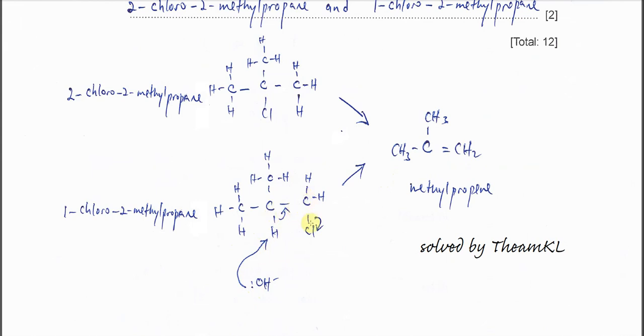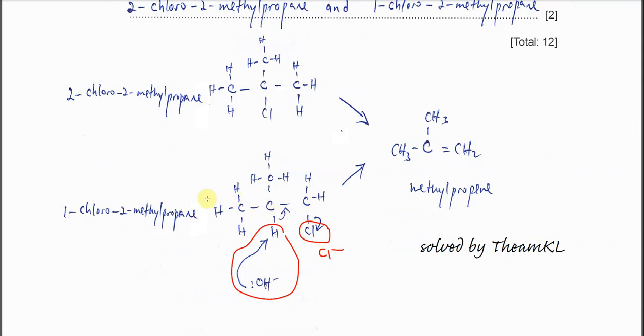The carbon with Cl is the first carbon, the second carbon is the adjacent carbon. So the OH here will take the proton to form H2O. The C-H bond breaks, these electrons move to form the C=C double bond, and the C-Cl bond here will break to form chloride.